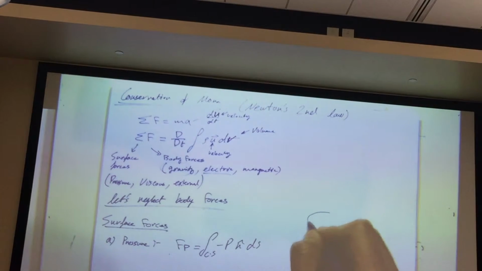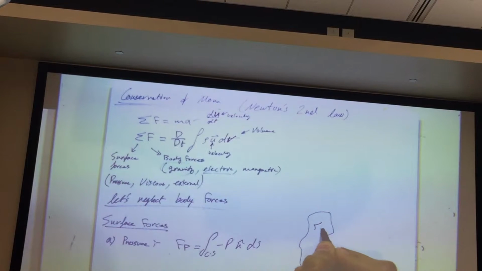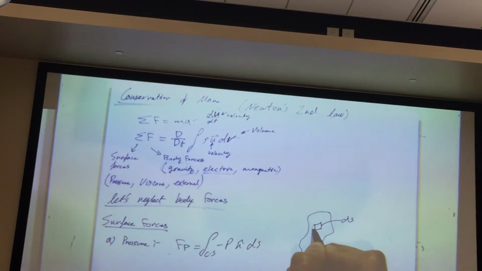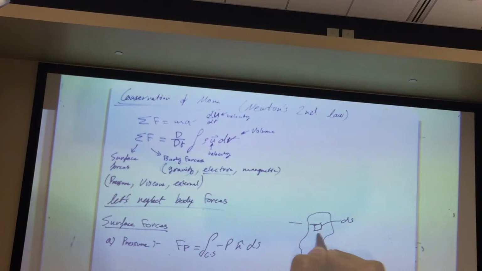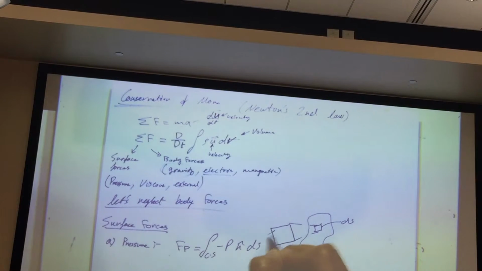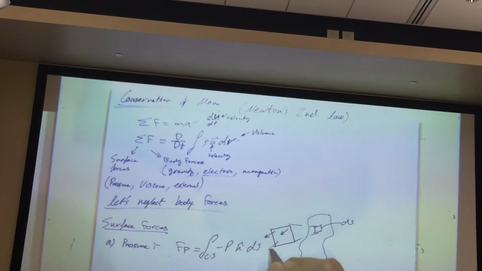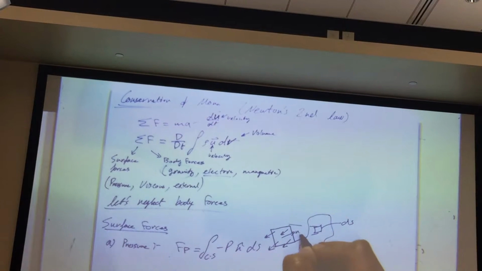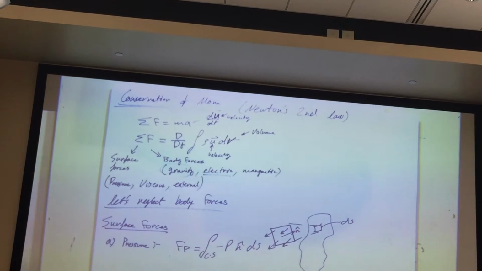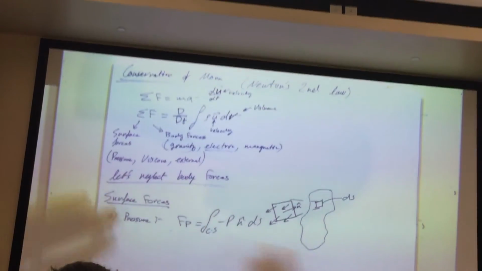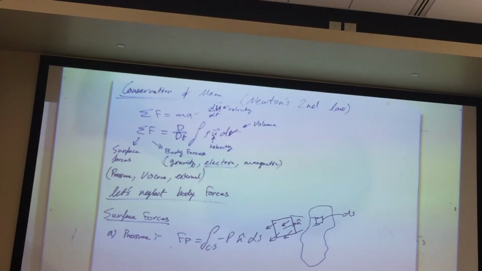If I have this control volume that I'm defining and a control surface right here, this is dS. If I magnify this, this is my control surface, and if my pressure force is coming out, that's why it's negative, and I have some normal component n. Accordingly, it's just the integration of my pressure over that surface area.